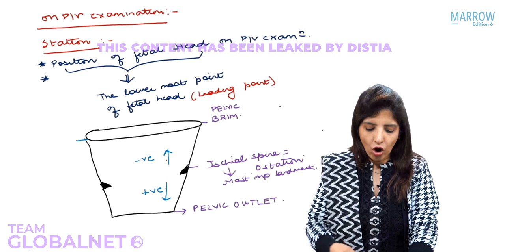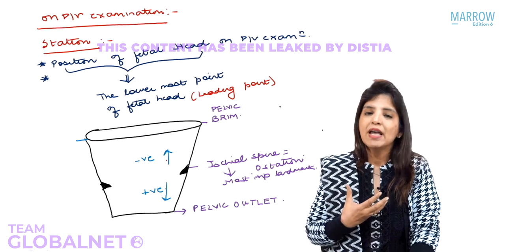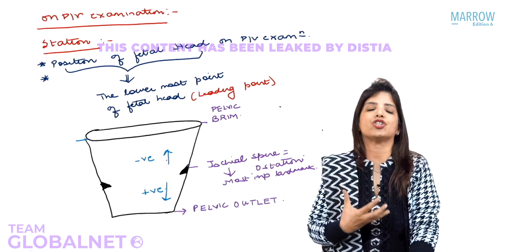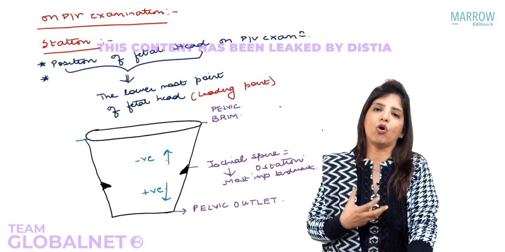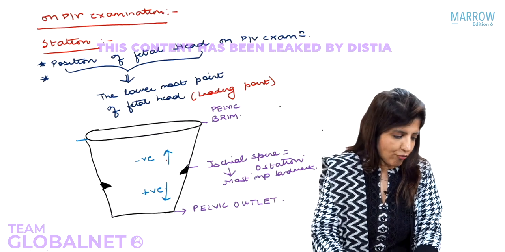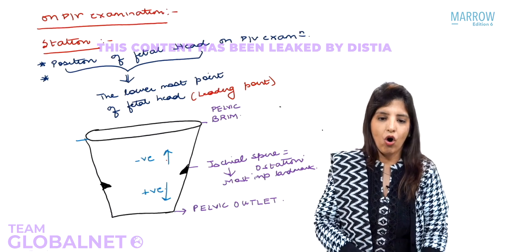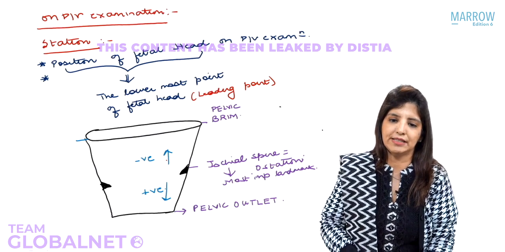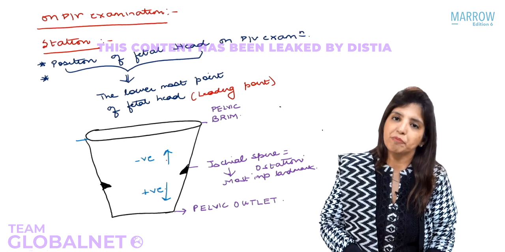Right? Now, on per vaginal examination, I am going to tell you one term, and that term is the station of fetal head. Now, what is the station of fetal head? Station of fetal head is the position of the fetal head on per-vaginal examination with respect to the ischial spines.